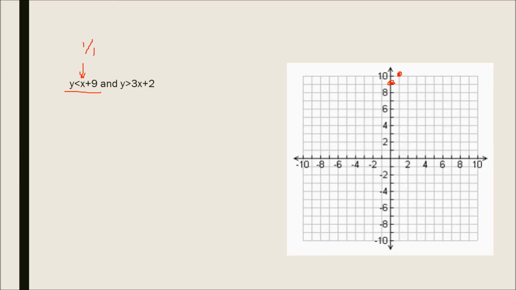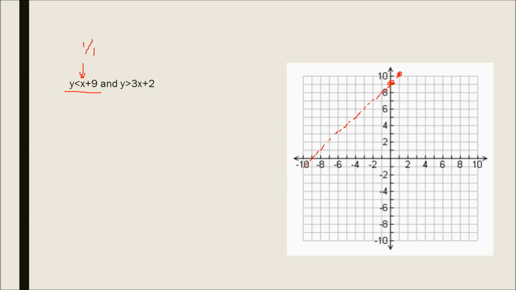Now it's a less than, it's not a or equal to. So that means it would be a dashed line. And so I'm going to attempt, I'm making it a little more dotted. Trying my hardest to dash that line. There we go. So now we get a dashed line for that one.